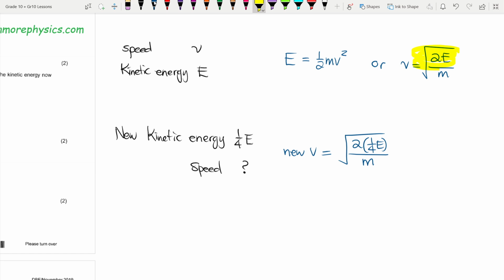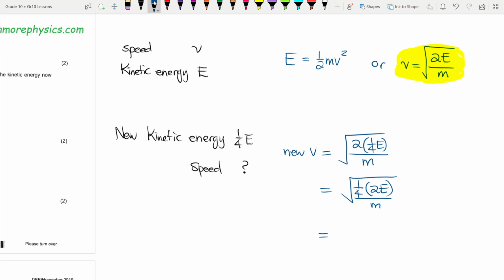Remember, we need to factor out the thing that we start with because that is the thing that is equal to V. Therefore, this is equal to the square root of, I'll pull the 1 over 4 to the front, and then I'm just going to have 2E, and then this is divided by M, right?